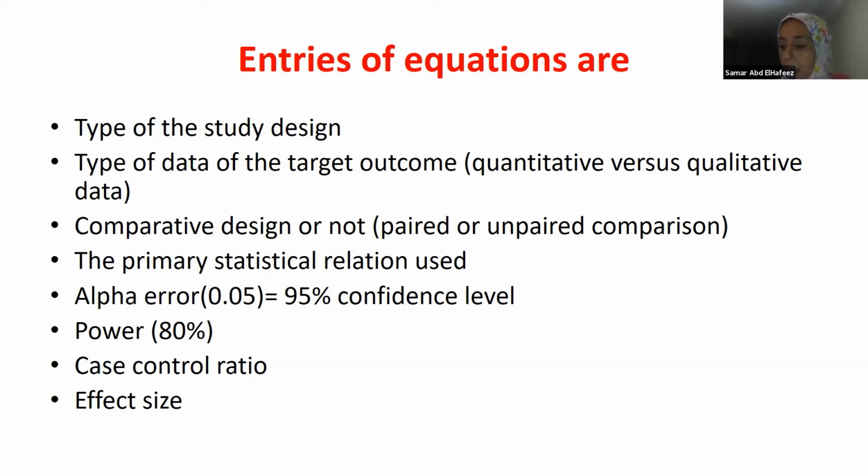I determined the prevalence of hypertension among the Alexandria population, and it's 20%. And I said that the 95% confidence interval of this 20% prevalence of hypertension is between 15 and 25.